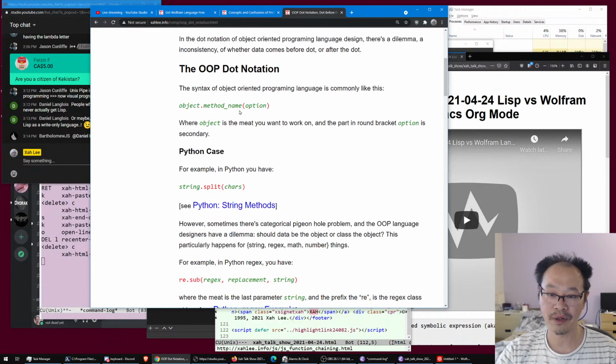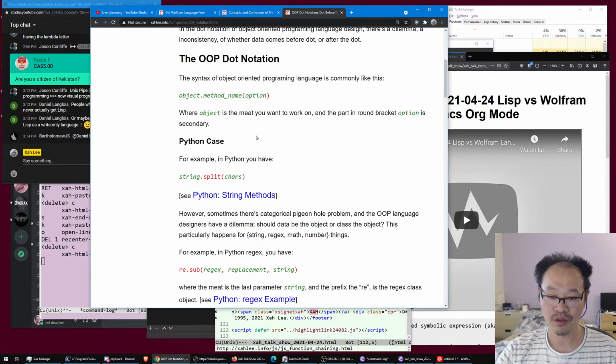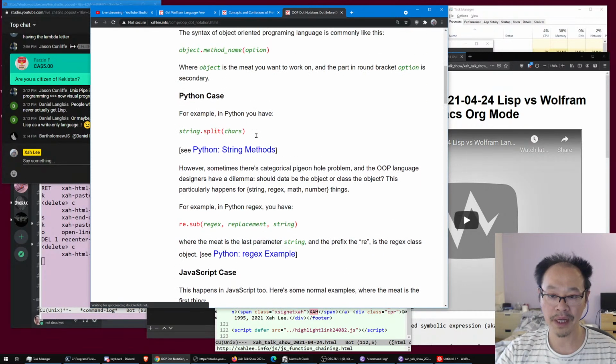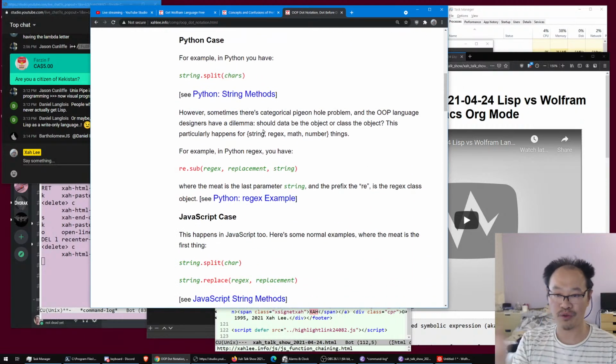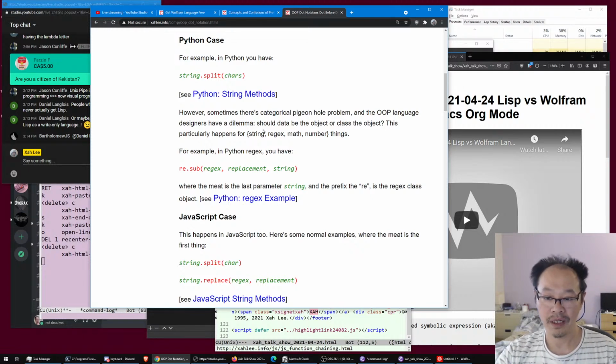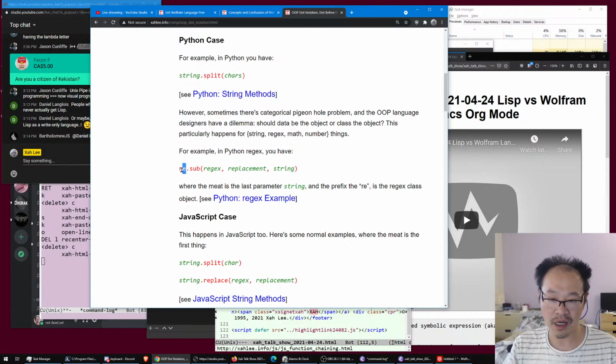So for example, should you have object dot method name, or should you have it the other way? Sometimes it's different. For example, in Python you have string.split, that splits the string. But in Python's regular expression, you have re.sub, where re is a regular expression object.